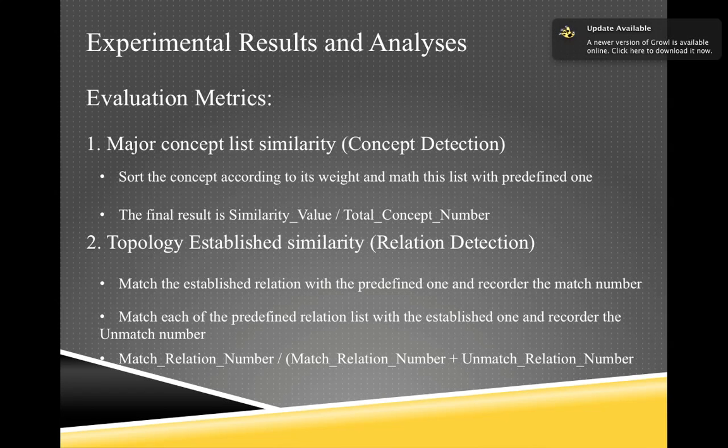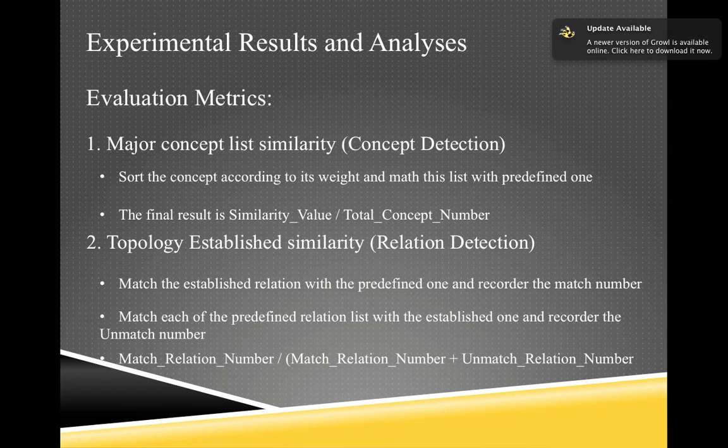For the topology established similarity, the calculation method is to match the established relations with the predefined ones; we call this the match number. Then you match each of the predefined relations with the established ones and record the unmatched number. Use the first one to divide the other two, and you will get the similarity value.